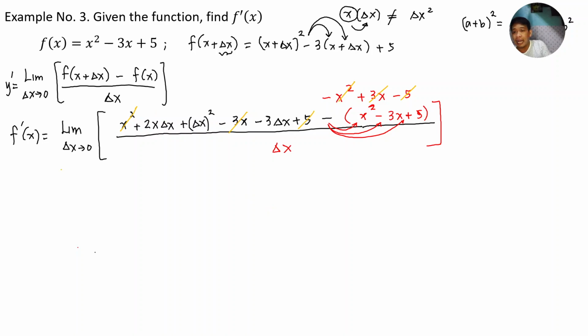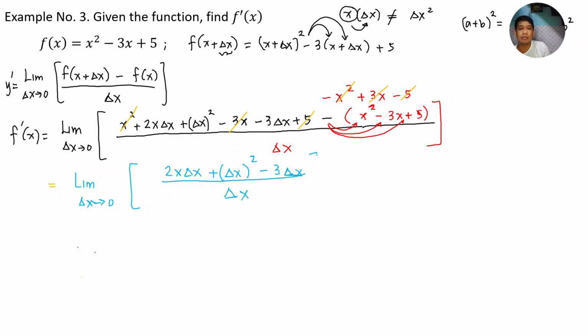What is left ay limit as delta x approaches 0 of 2x delta x plus delta x squared minus 3 delta x all over delta x.